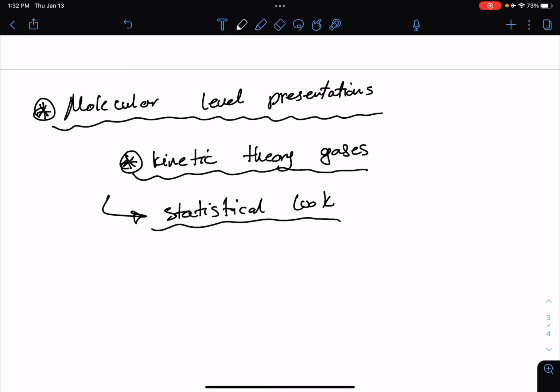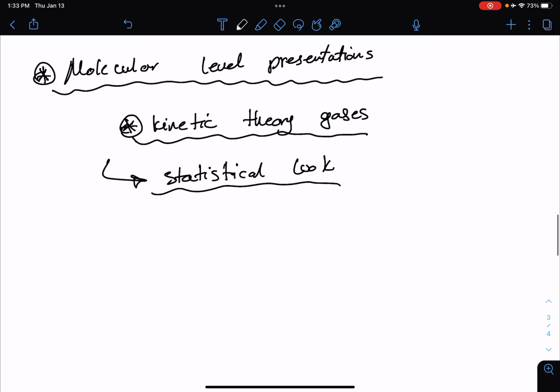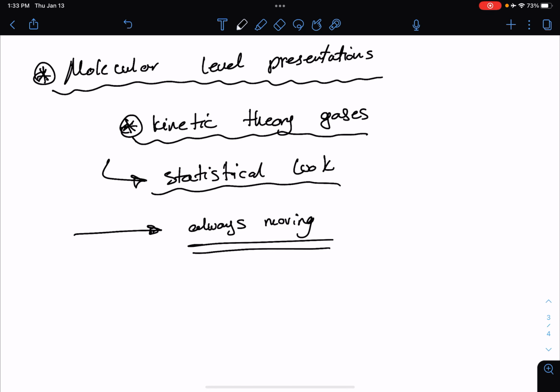We are going to make a lot of assumptions about the molecules. One of the assumptions we are making here is that the molecules are always moving, hence the name kinetic theory, right? So molecules, and we are talking about gases here specifically.